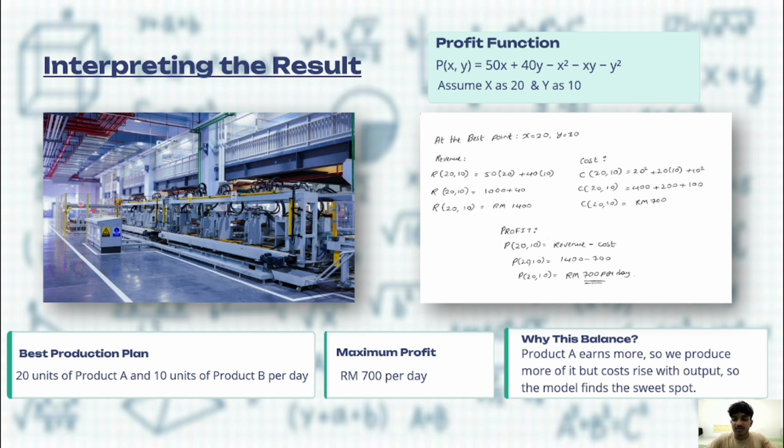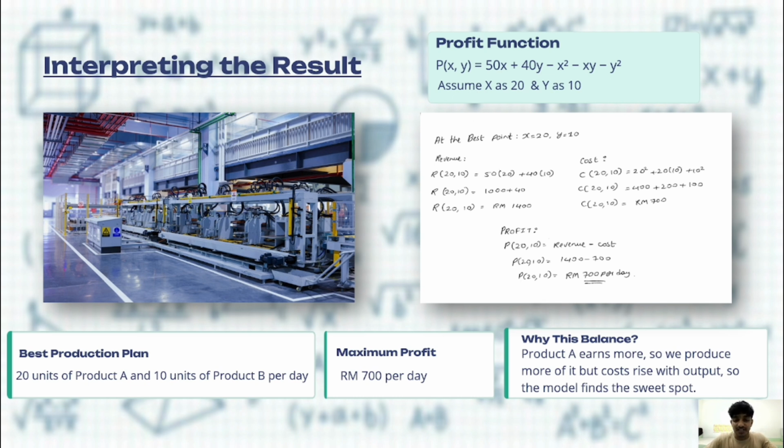If we calculate both individually, we get 1400 and 700. When you subtract cost from revenue, you get total profit. As you can see on the screen, 1400 minus 700 gives 700 ringgits per day as profit. This is why our slide shows the maximum profit is 700 ringgits per day.